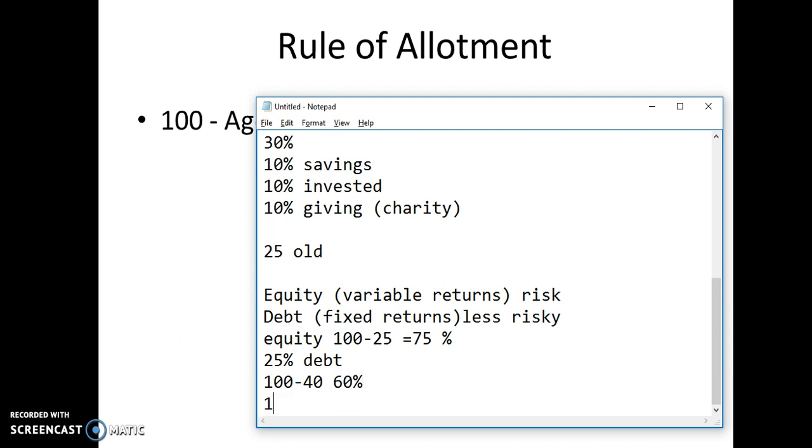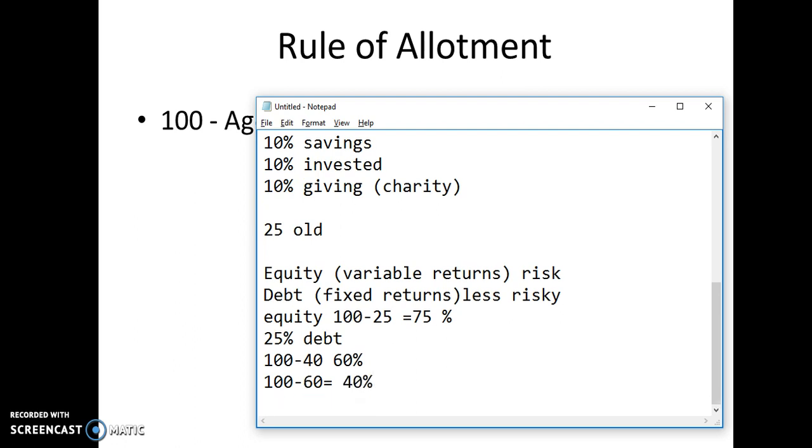By the time you reach your retirement, only 40% should be in equity and you move the 60% to your low risk debt investments. So this is also one of the basic thumb rules for investment.